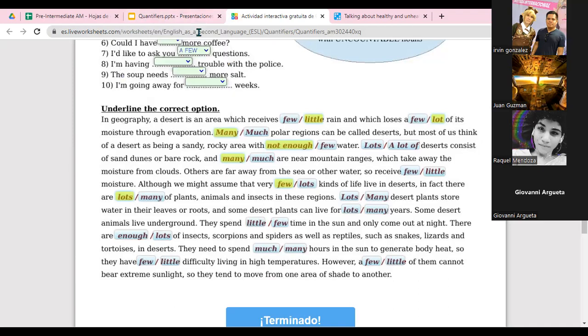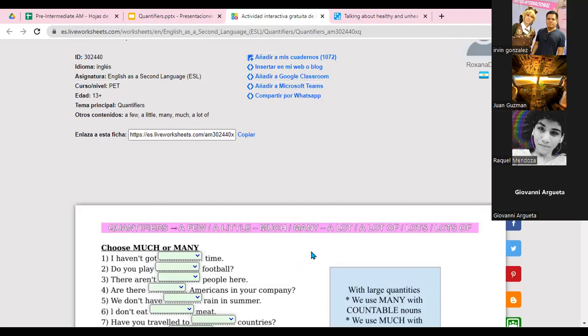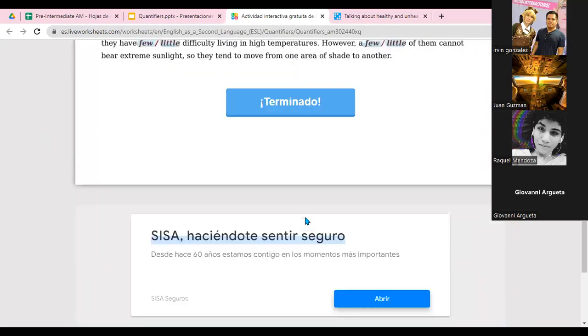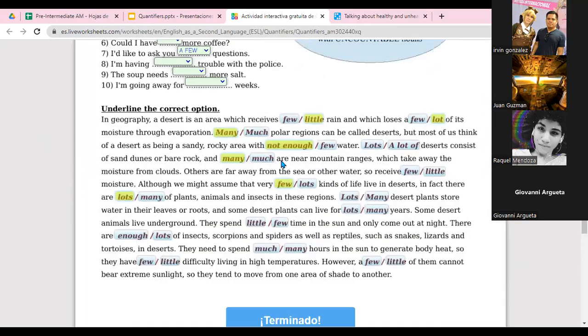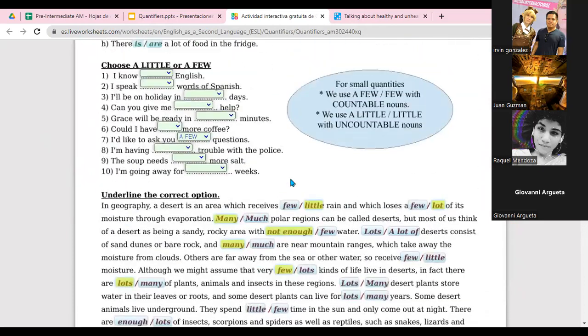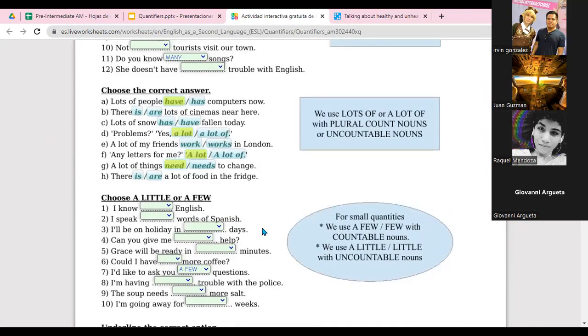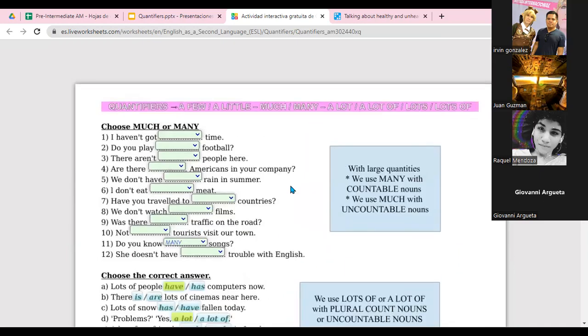So you have to practice, and I will send you another worksheet like this one. Then this will be your homework. Then you send me your score, I mean, a screenshot to know what answers you got wrong and to help you to understand why.